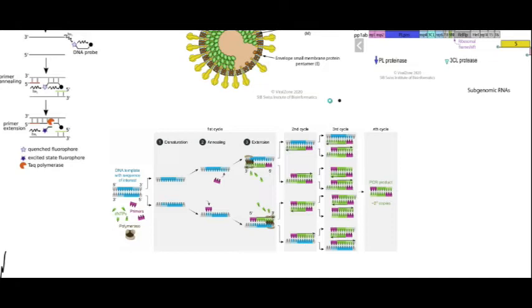Then in this annealing step, these primers come in, and that allows a DNA polymerase to come in and add new DNA on here, so that now you've doubled your strands of DNA on the first cycle, and then you just keep doing more cycles, and it keeps doubling the amount of DNA that you have.